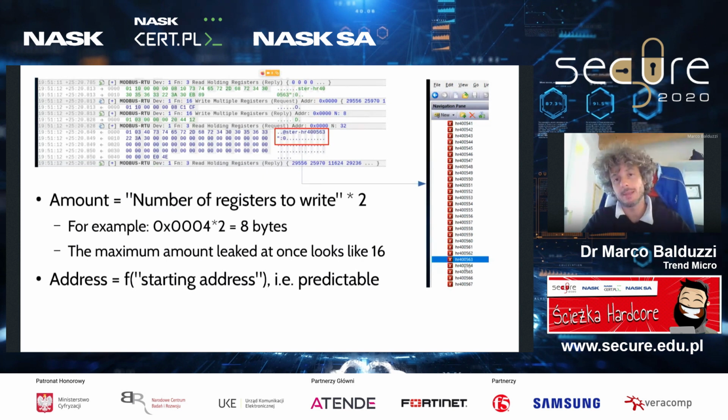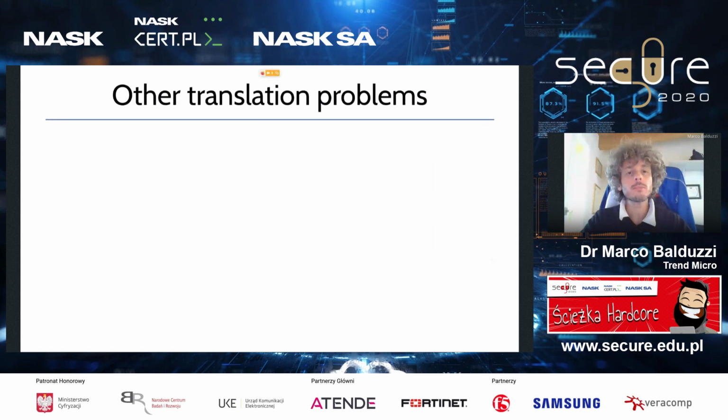We can dump part of the memory related to this portion where there is the table, and we can also guess, it's predictable. I'm not going to detail it here. It's more in the paper, but there is a way to identify the part of the memory that contains this mapping table and dump it.